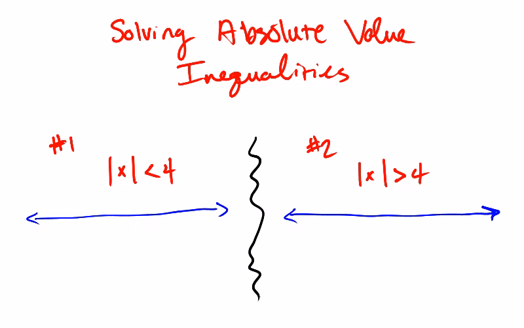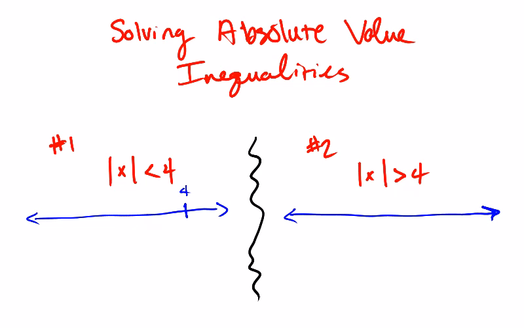So think about, for number 1, what kind of values for x would work in order to make the inequality true. Let's start with 4 itself. Does 4 work? When you plug in 4, it becomes the absolute value of 4, which is still 4, and that's not less than 4, so that doesn't work.